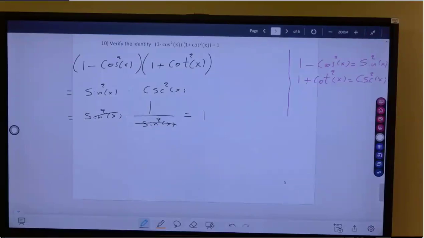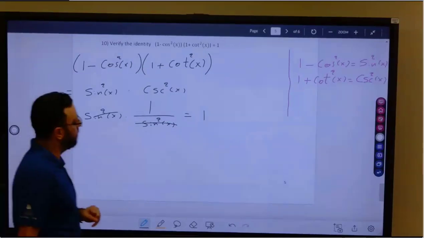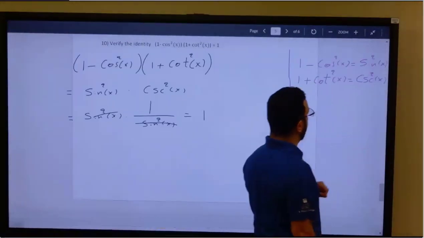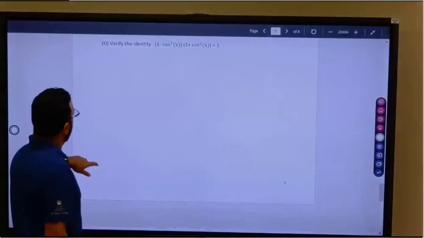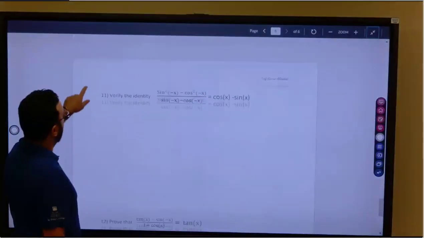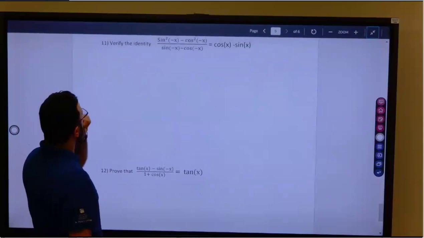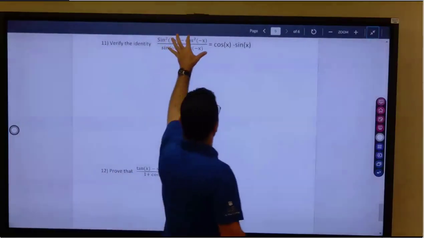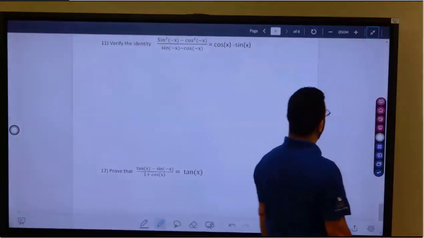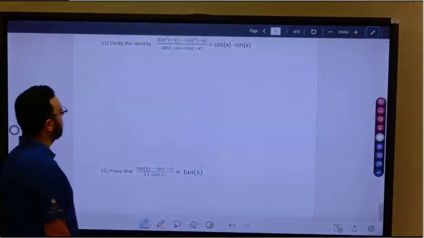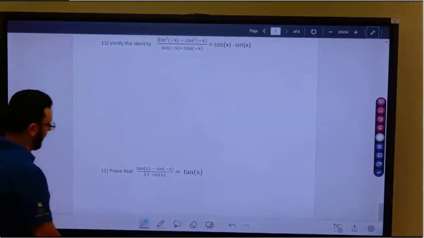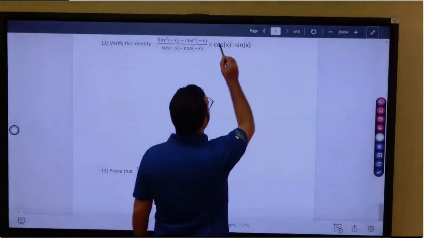So let's go to the next problem, number 11. We need to prove that everything here equals cosine x minus sine x. So we need to prove this side.